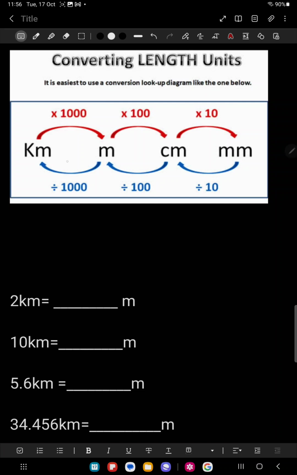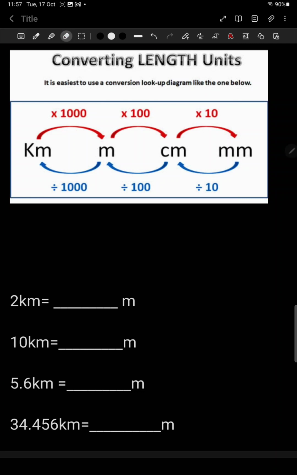What it is telling us: while we are converting from kilometer to meter, we must use the table over here. This is multiplied by 1000. So going from kilometer to meter, we multiply the number, which is how many kilometers it is, by 1000 and we find the answer in meter.